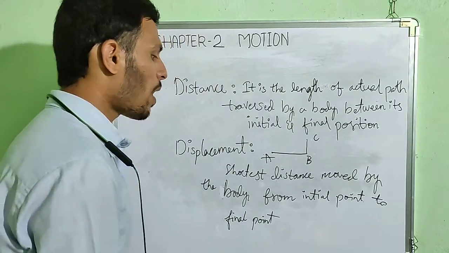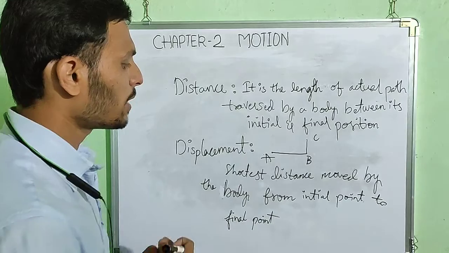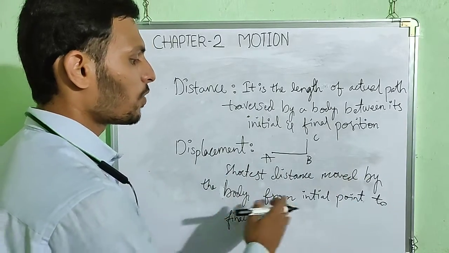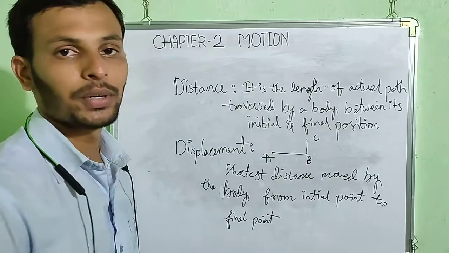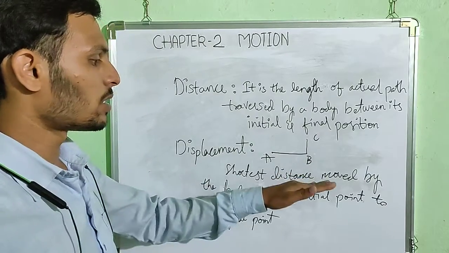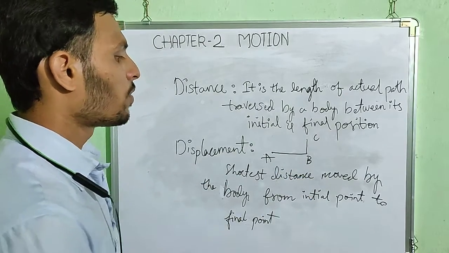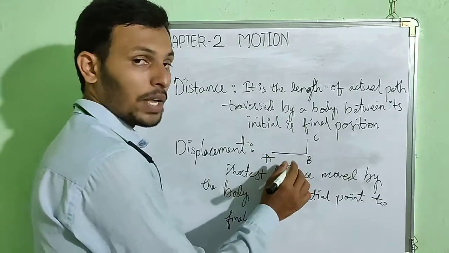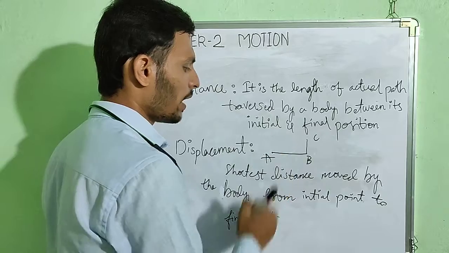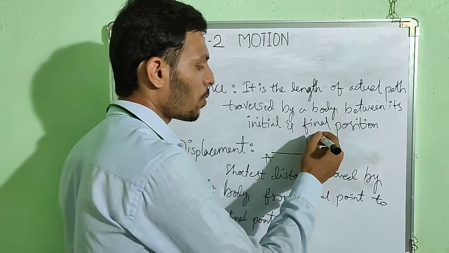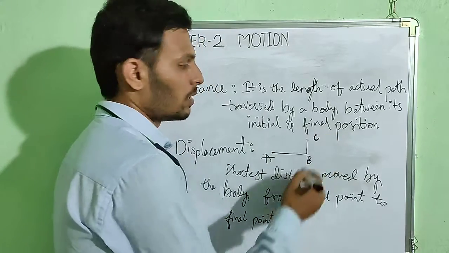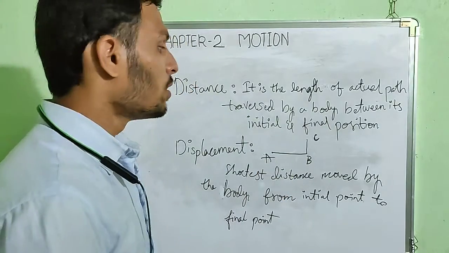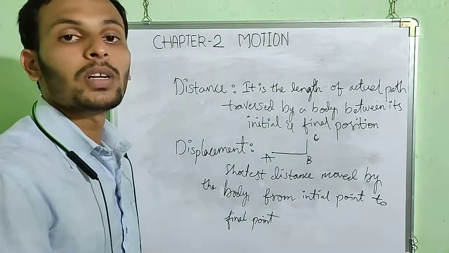Now what is displacement? It is the shortest distance moved by the body from initial point to final point. Let us consider the same figure. This is point A, this is point B, and this is the final point C. What would be the shortest distance?